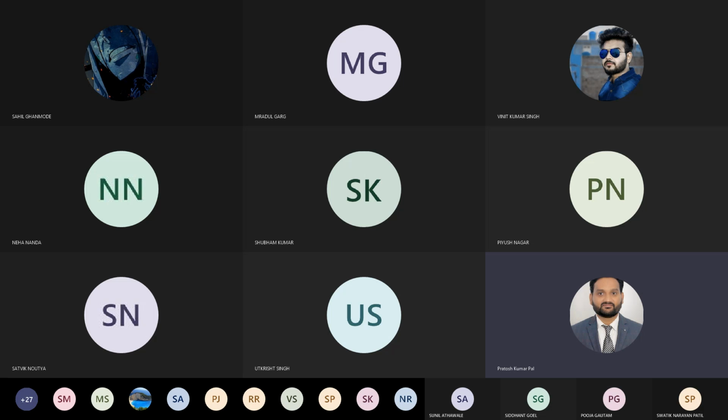Here we have seen two different types of FETs. One is JFET, another one is MOSFET. In both the cases, we have seen different characteristics, input and output characteristics in case of JFET, and also in case of MOSFET.